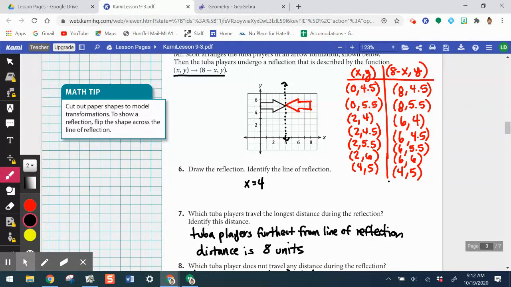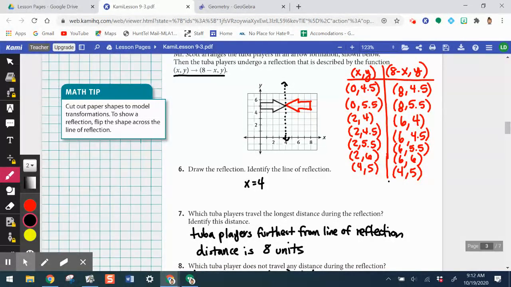So all of these points are my pre-image points from the arrow that was given to us, and all of these points are where those points map to after the reflection. So to use this function, 8 minus x, we're going to take 8 and subtract 0. Well, 8 minus 0 is still 8, and the y does not change. For example, here, (2, 4): 8 take away 2 is 6, and the 4 does not change. That's what the function's telling us.